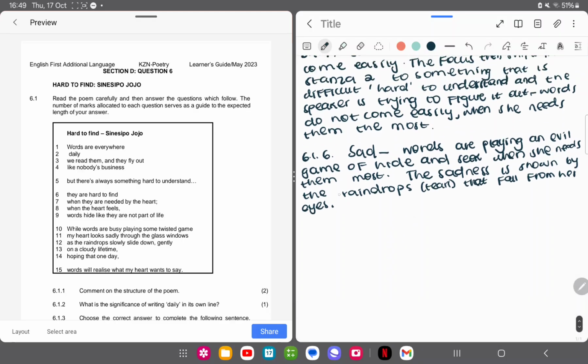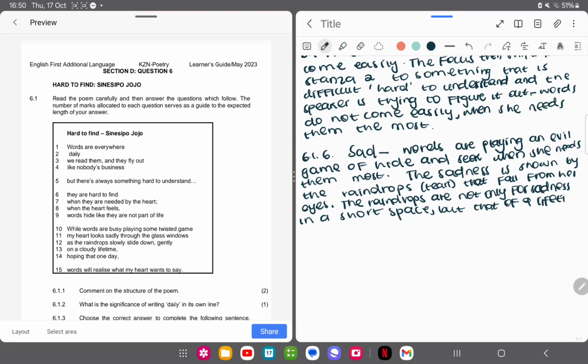These raindrops are not only for sadness in a short space, but that of a lifetime.